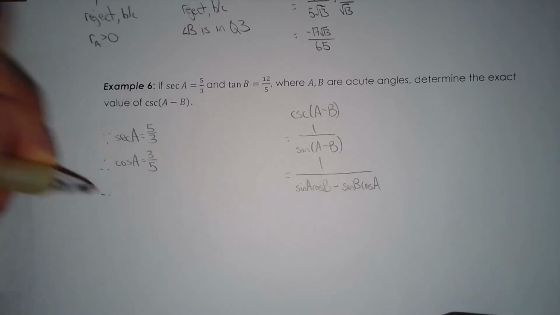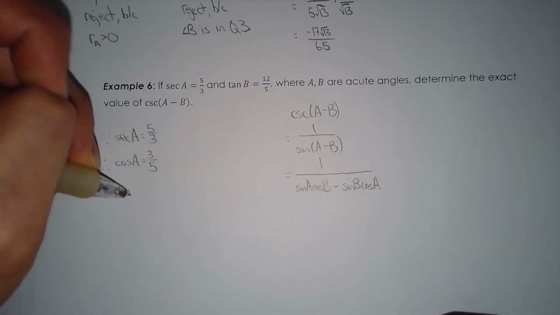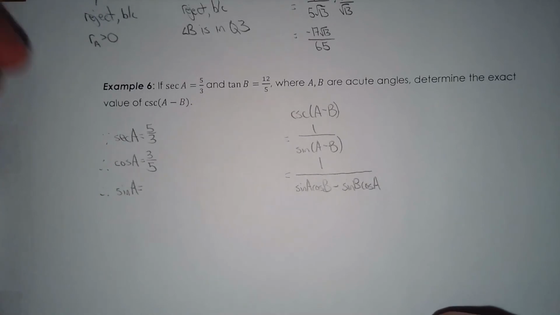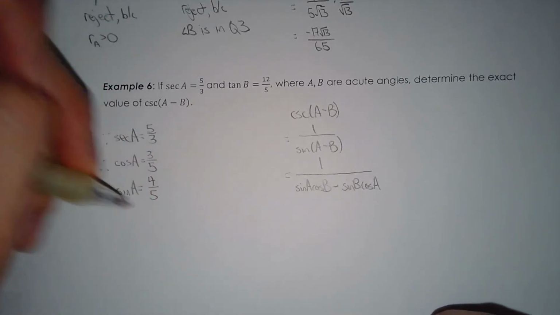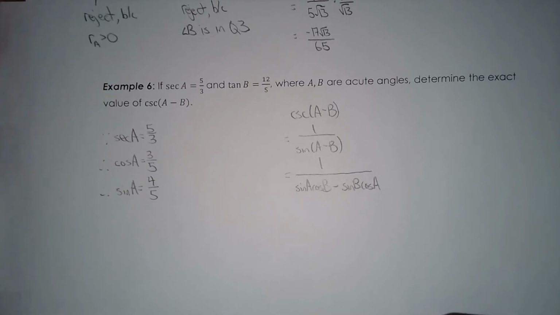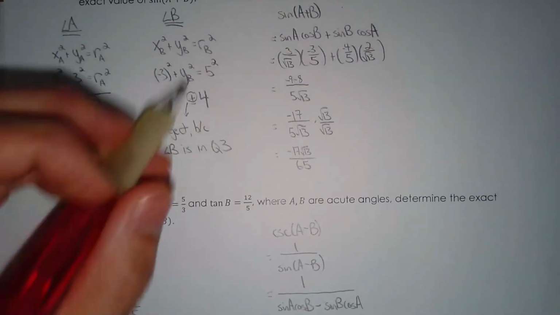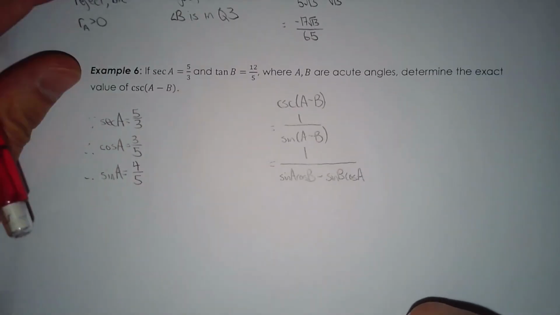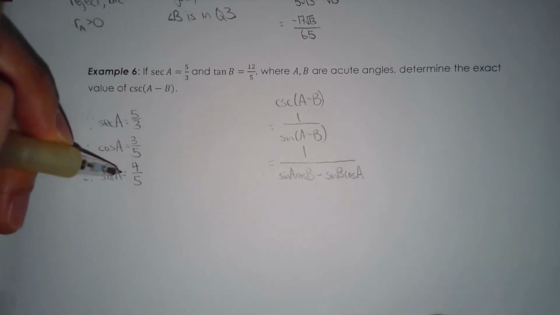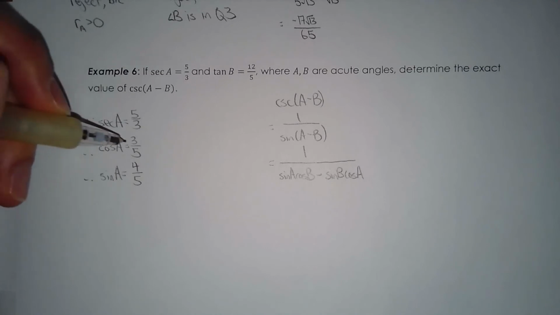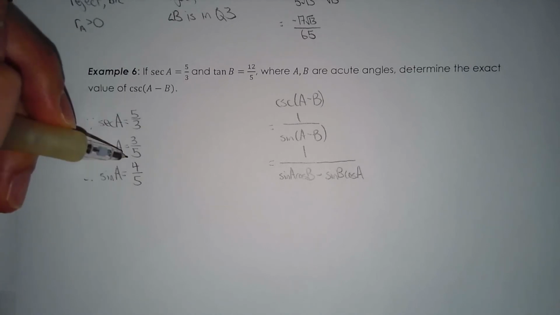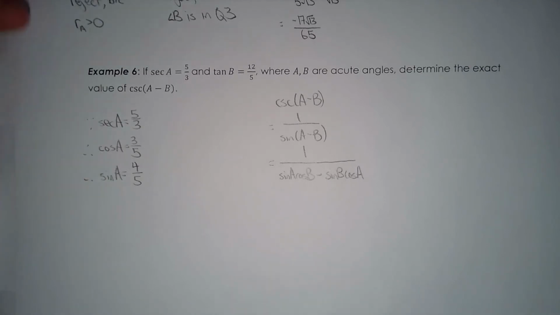And I'm also going to jump to sine A is equal to 4 over 5. How did I know that? I didn't do any Pythagorean theorem calculation like I did in example 5. How did I know sine A was 4 over 5? Because I know of the Pythagorean triple 3, 4, 5. So if I see cos A is 3 over 5, sine A must be 4 over 5.